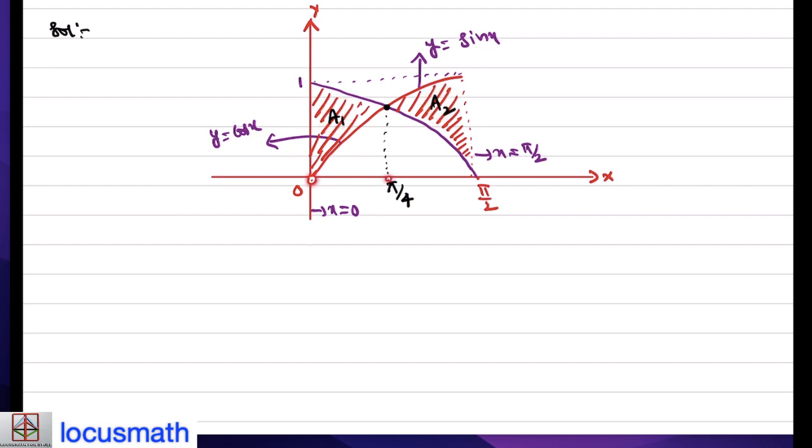between 0 and pi by 4, which graph is above? Sorry, this one is y equals sin x, and this one is y equals cos x.